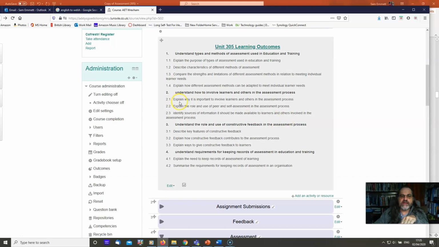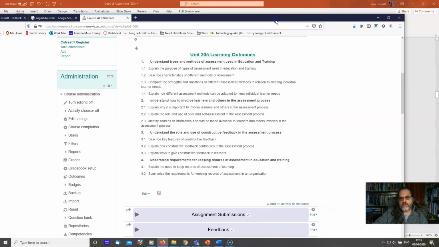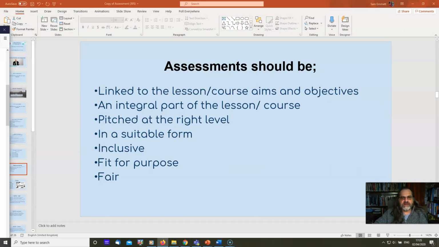So we have to explain why it is important to involve learners and others in the assessment process, explain the role and use of peer and self-assessment in the assessment process, and identify sources of information that should be made available to learners and others involved in the assessment process. So if those are our learning outcomes, then we need to make sure that our activities are linked to those learning outcomes so that they are being achieved in the long run.